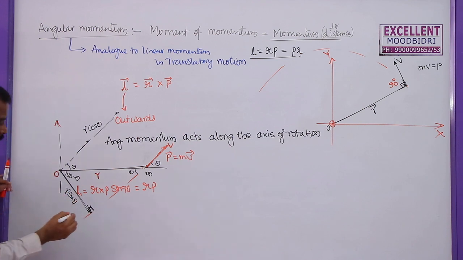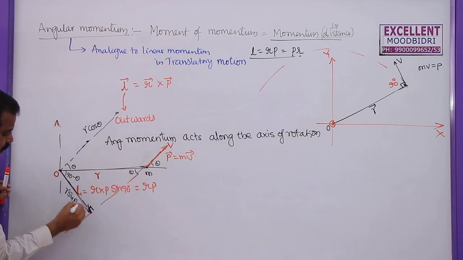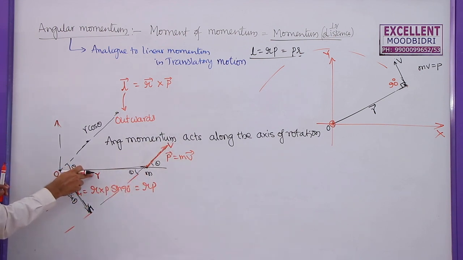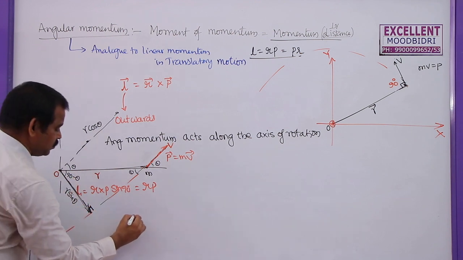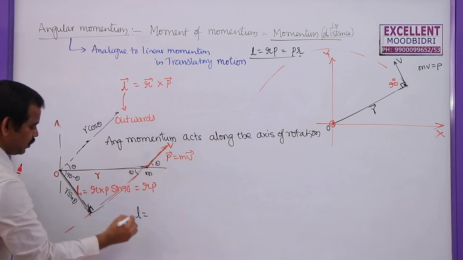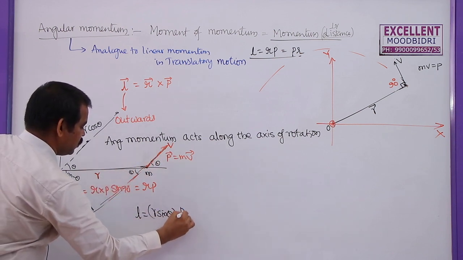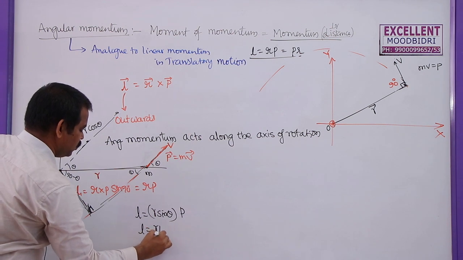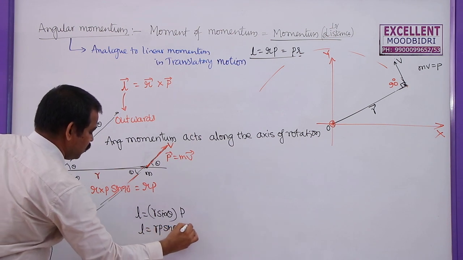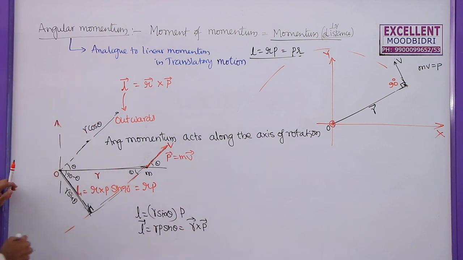Now you can see this is the direction of the momentum vector and this is the direction of the component of r. Then L is given by r sin theta into the momentum p. So L is equal to r p sin theta. Once again, it is nothing but r bar cross p bar.